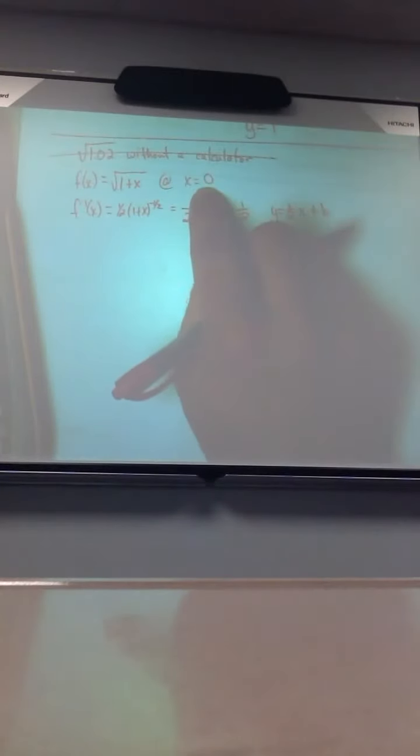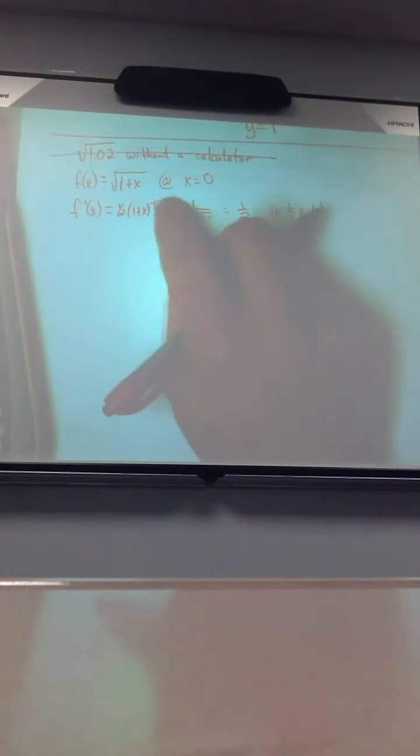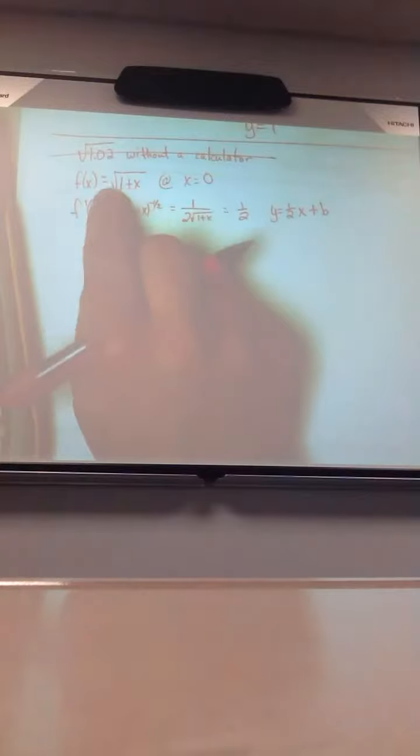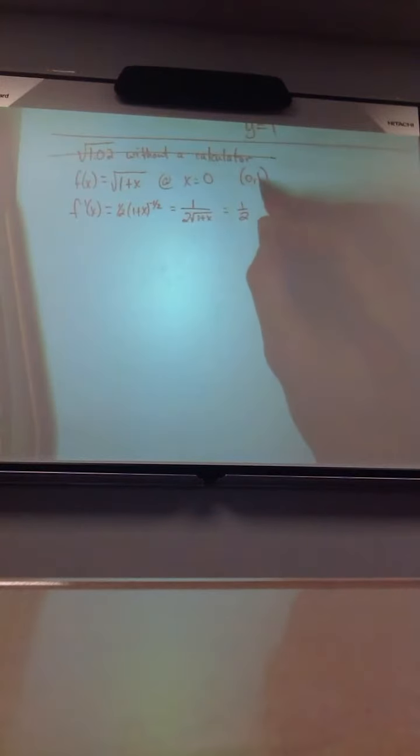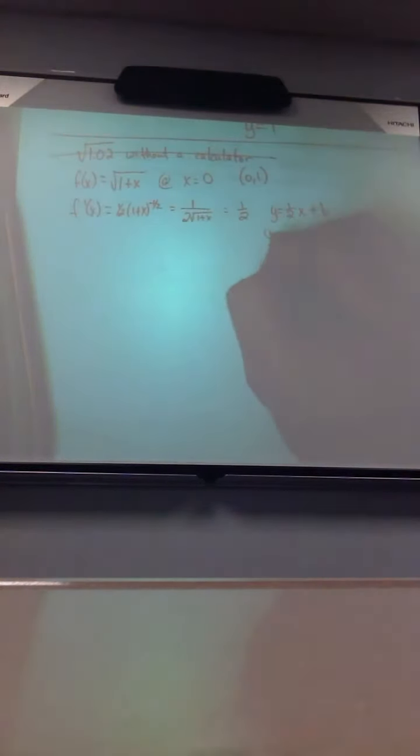If x equals 0, what's y? 1. If x equals 0, 1 plus 0. Plug it in there. Yeah, so I have (0, 1) as my point. So there is my y-intercept right there. So my equation of my tangent line is 1/2 x plus 1.